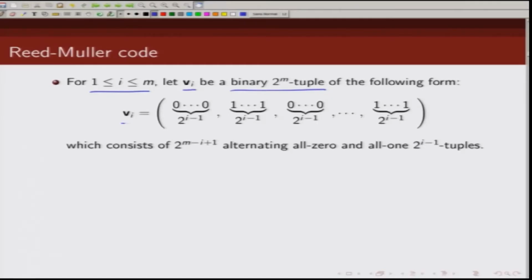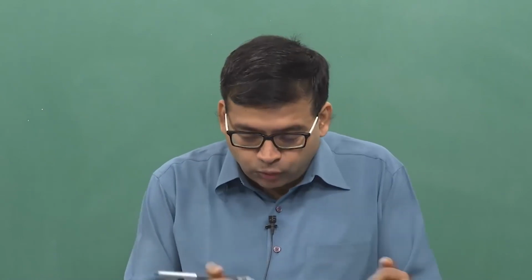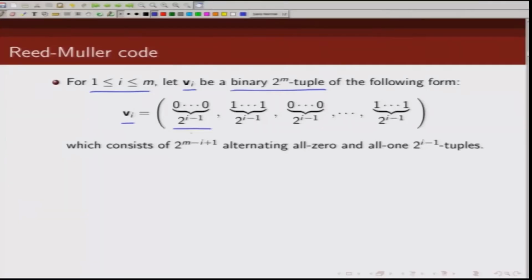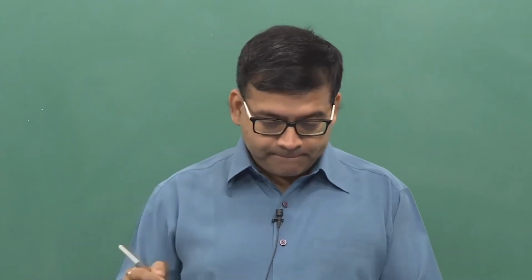Vi is a run of zeros for 2^(i-1) times, then a run of ones for 2^(i-1), like that. So, this Vi consists of 2^(m-i+1) alternating runs of zeros and ones, where each of these runs of zeros and ones is of length 2^(i-1).